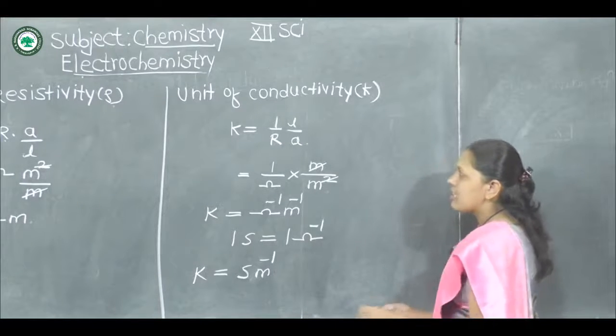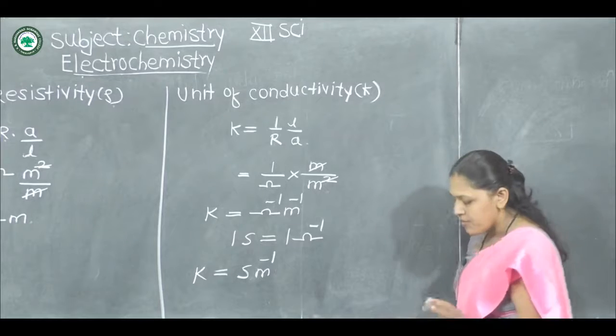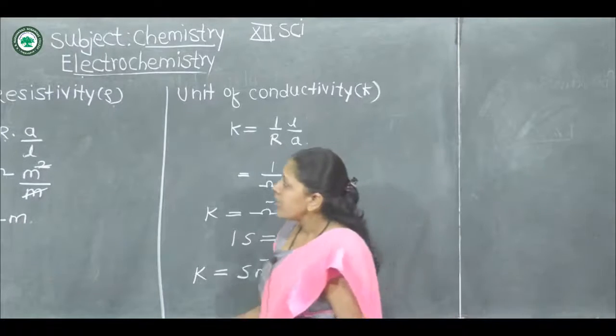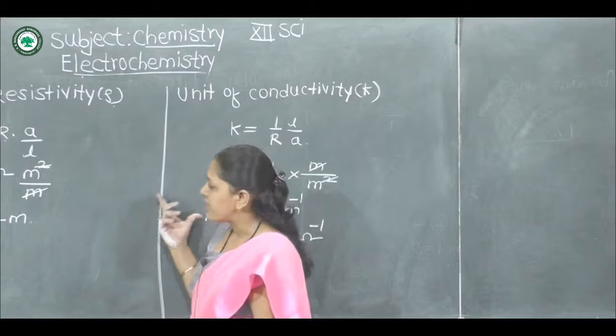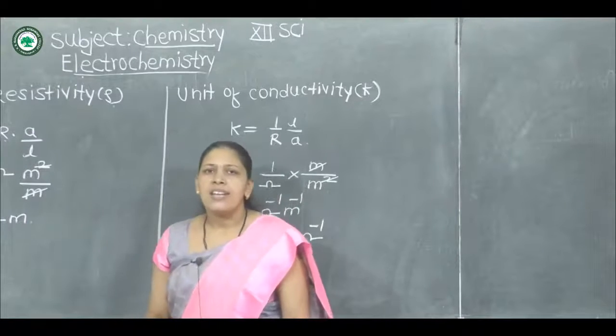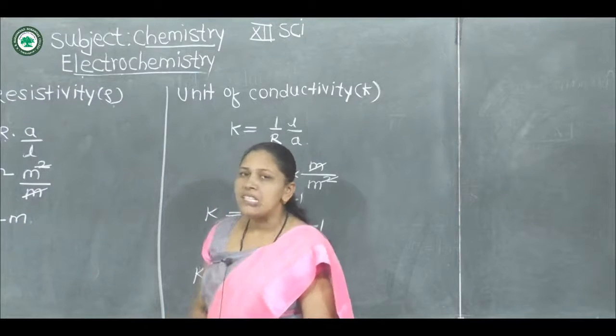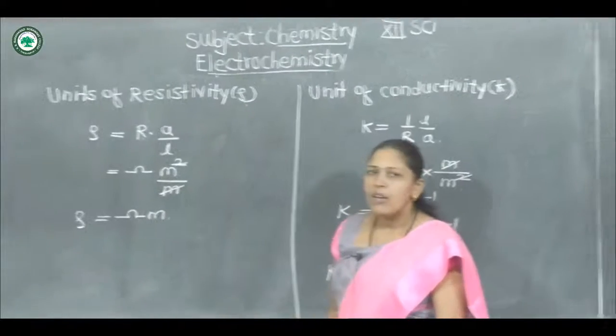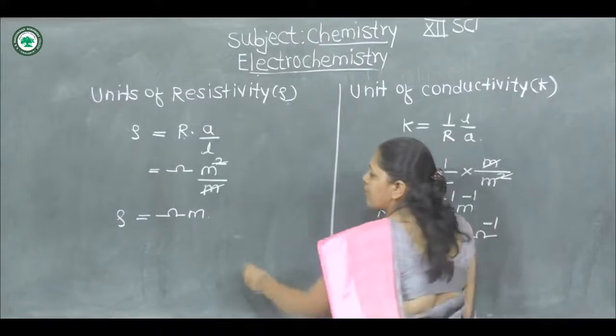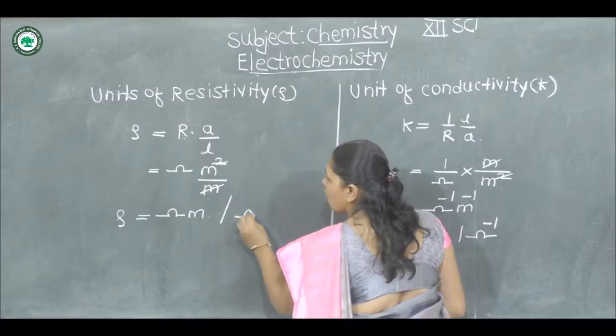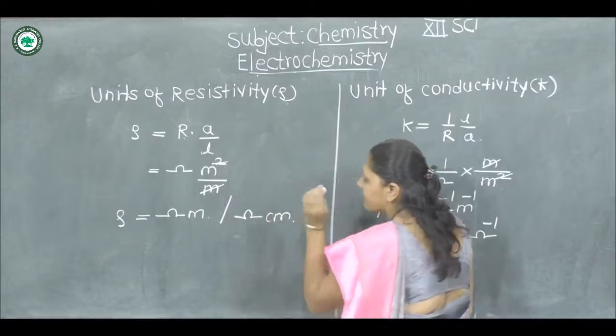Then there are other common units for both resistivity and conductivity. If length of a conductor is measured in centimeter and area also measured in centimeter, then the unit of resistivity becomes ohm centimeter.